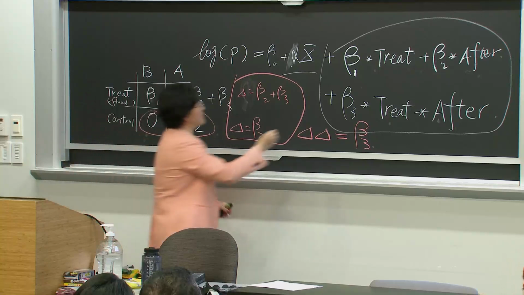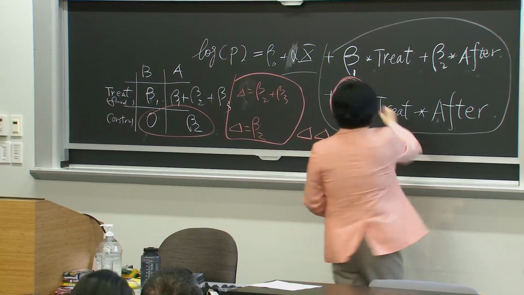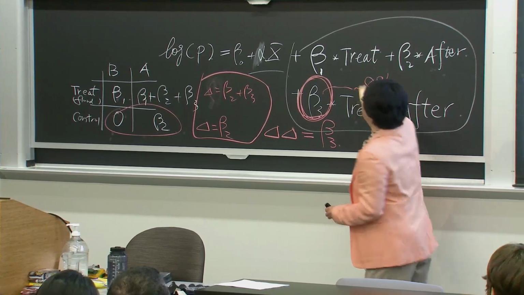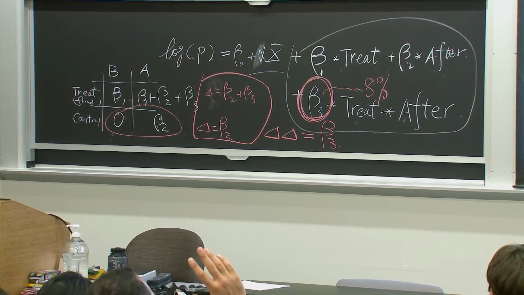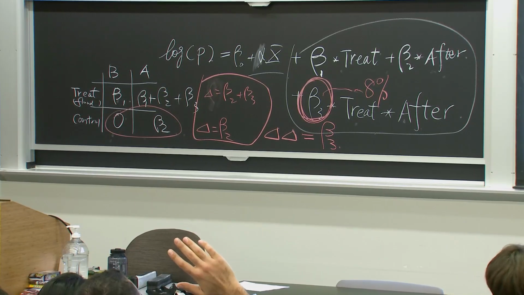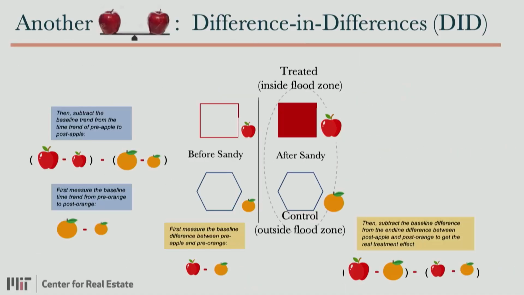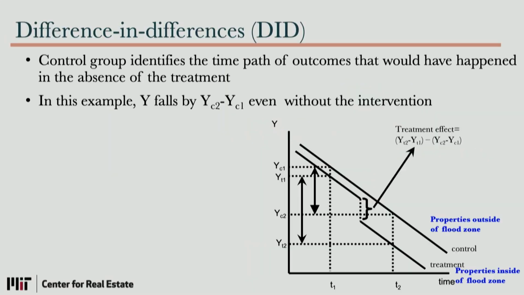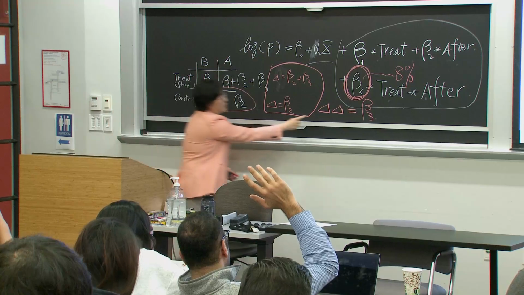So this is the measurement. When you run this regression, this thing is negative 8%. Is that clear? If you get so confused, come to my table and think about my apple to orange thing. Then look at the coefficient. Write it down on your paper and derive it.